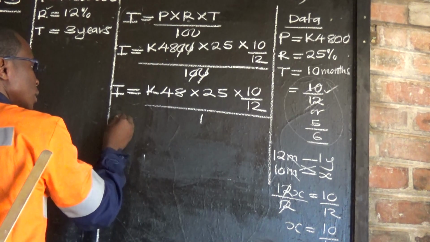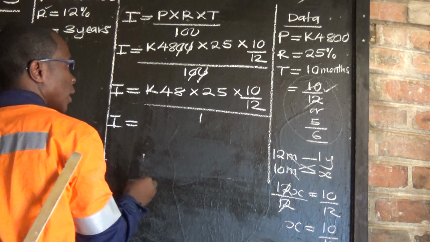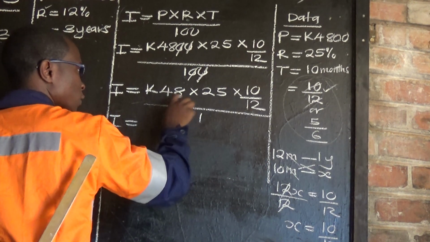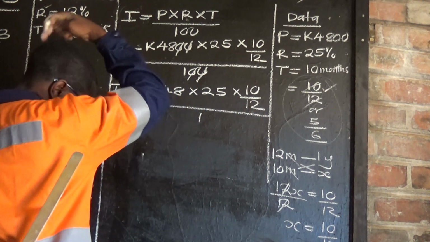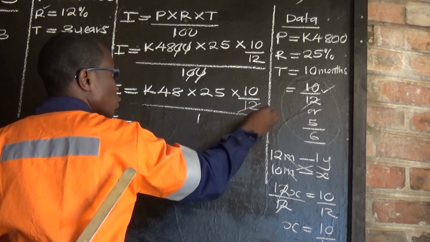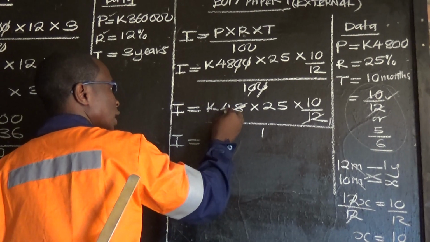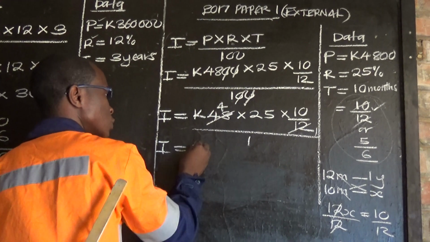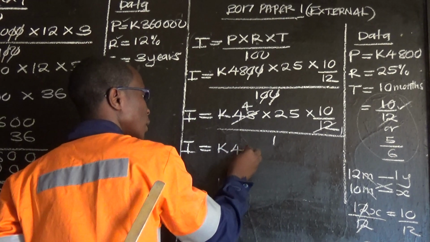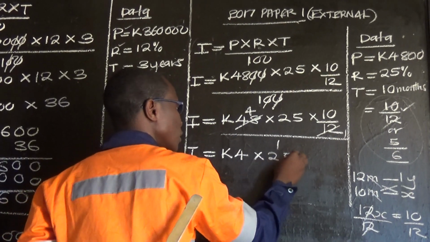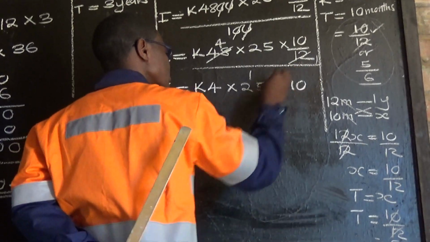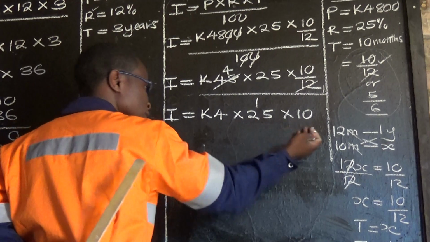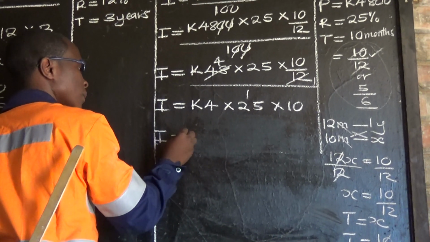So interest is equal to, we know 12 is a factor of 48, meaning 12 can go into 48. So 12 into 12 is 1. 12 into 48 is 4. So we're going to have 4 kwacha multiplied by 25 multiplied by 10. So if we find the product for this, that is our interest. So let us find the product.